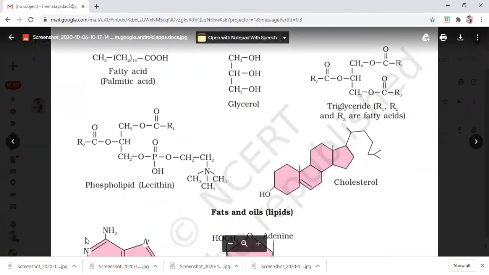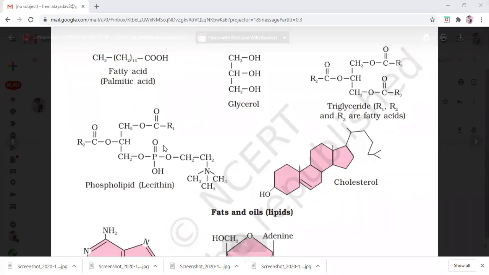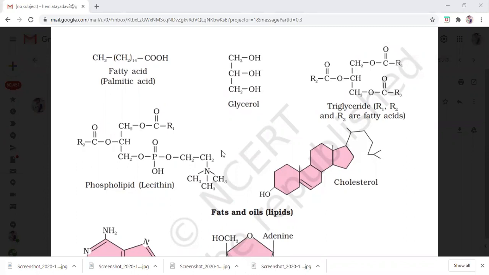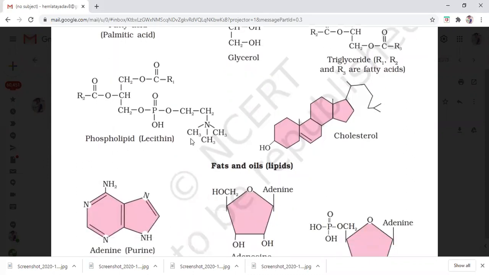Now, one other triglyceride is phosphoglyceride, because a phosphate group is added to one of the hydroxyl groups. Two are fatty acids, and the third one is fused with the phosphate group with a nitrogen compound as well. So this is the phospholipid lecithin.